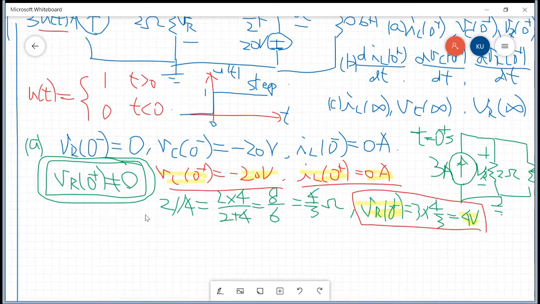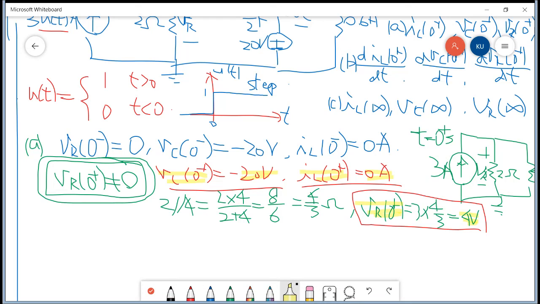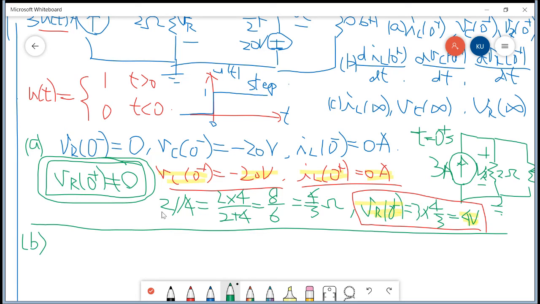And for part B, we'd like to find the first derivative of these three variables at t equals 0 plus.